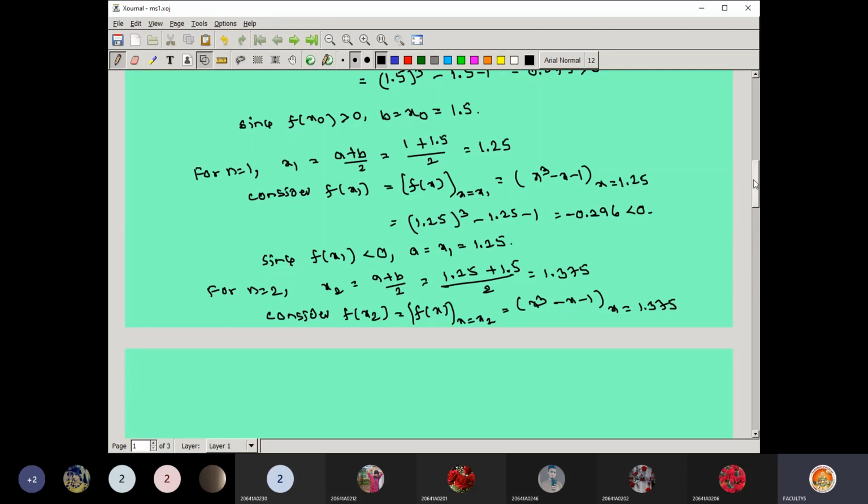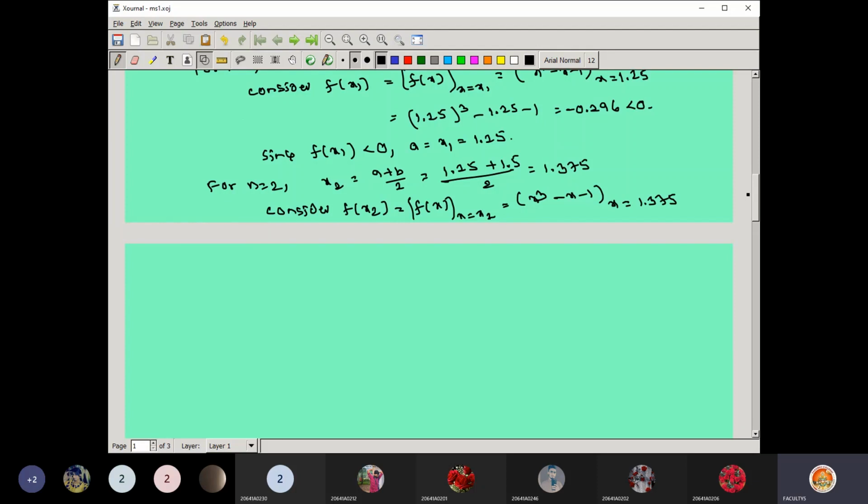Directly you substitute there. With the help of your calculator, better you calculate the answer. 1.375, it is whole cube minus 1.375 minus 1. So give me the answer. Plus 0.224. Again, you are not getting equal to 0.